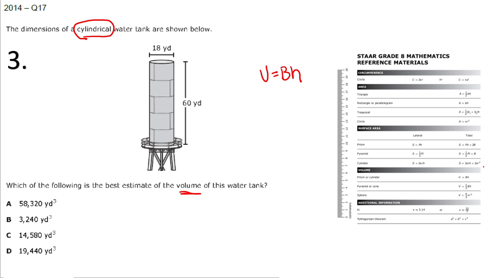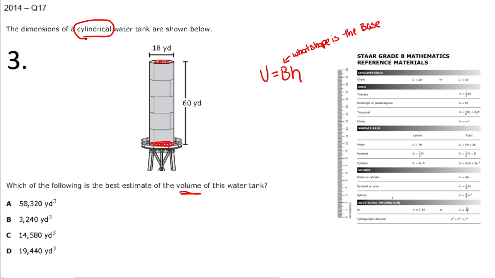So the next question is, what shape is the base? Now remember, the base is just like what your shape is sitting on. So the base in this case is sitting on a circle right here, and the base is the same thing as the top. So those two that are just shaded in, that is your base.